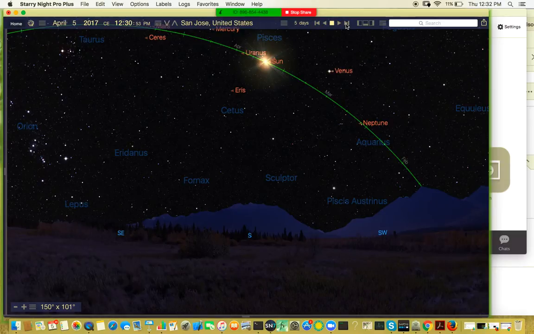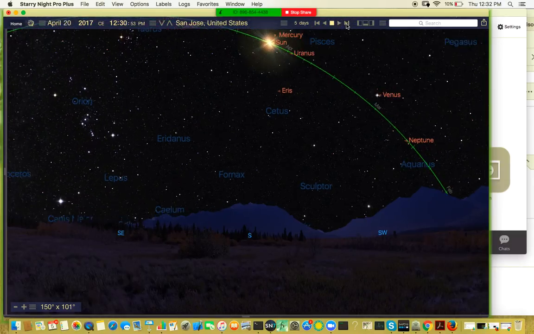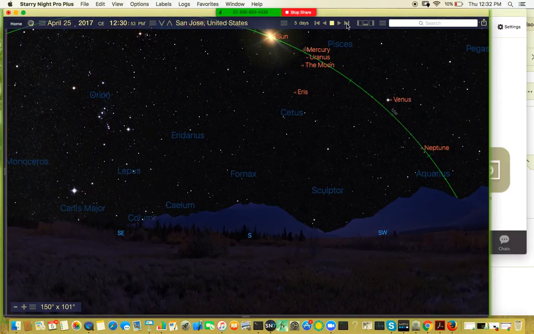Now Taurus is approaching. Look, this Taurus is approaching, which means the time is the same, 12:30, right? But the days are going forward every 5 days.